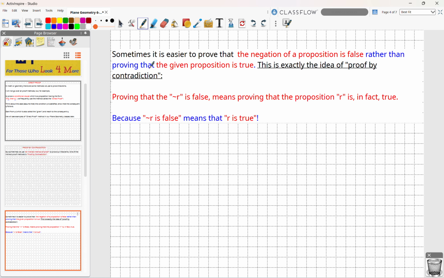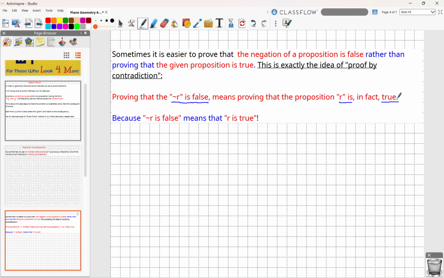Okay, what's the idea of proof by contradiction? Sometimes it's easier to prove that the negation of a proposition is false rather than proving that the proposition is true. This is the idea of proof by contradiction. So, proving that negation of R is false means that we actually prove that R is true.